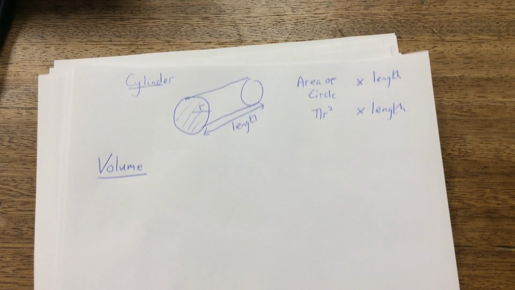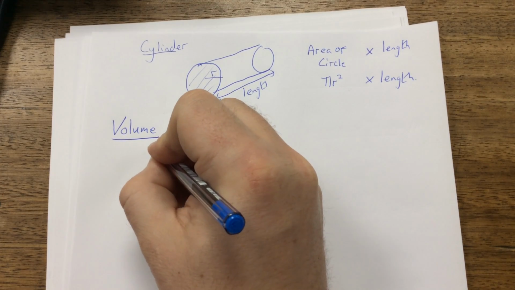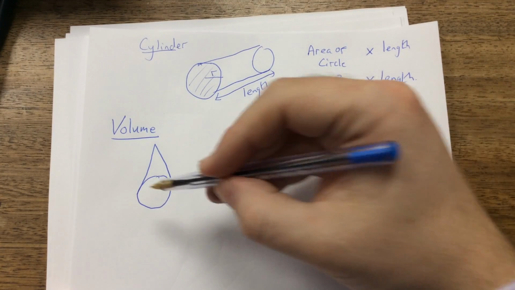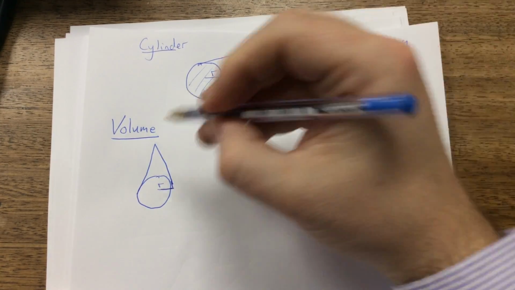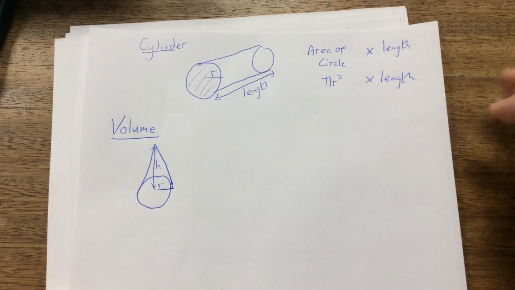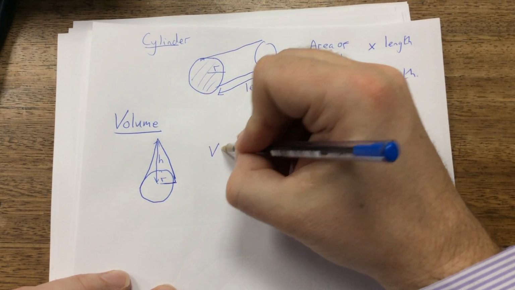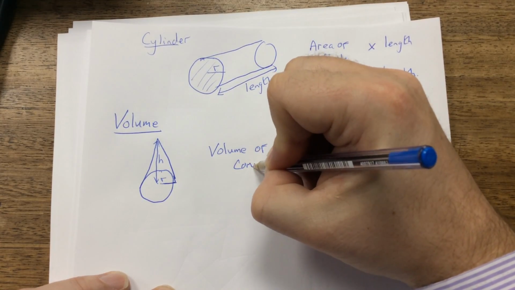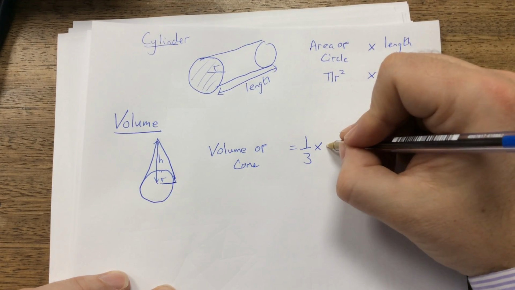So what I'm going to go on to now is a cone. A cone is like a traffic cone, a bag of chips. You can get a cone of chips, okay? And to find the cone, it's a circle on the bottom, all right, with a radius r. And then you also need to know the perpendicular height going up. Without showing you now how we derive the formula, the volume of a cone, which you should know already, is 1/3 times the base area, which is a circle.